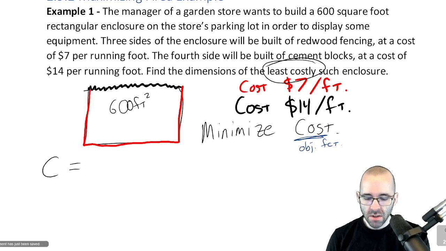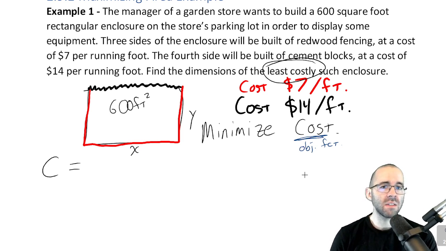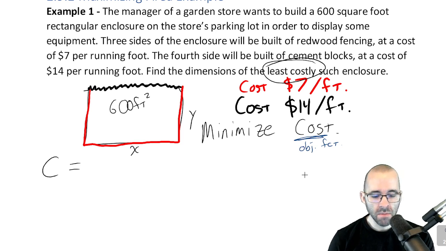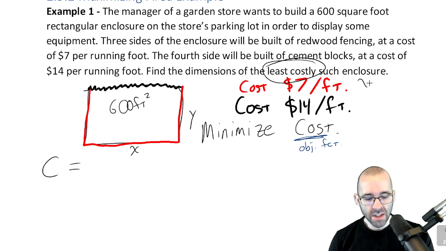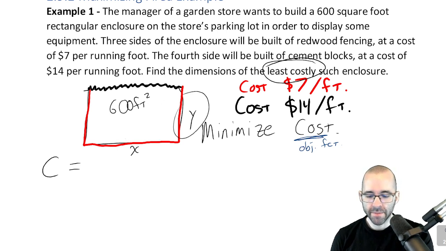But with our picture, it's going to be a little bit easier to just have X and Y be length and width. You could do length and width, L and W, X and Y. There's also multiple ways of setting up this problem. You could do this be X and this be Y. All right. Lots of different ways of doing this. This will probably be the easiest way.